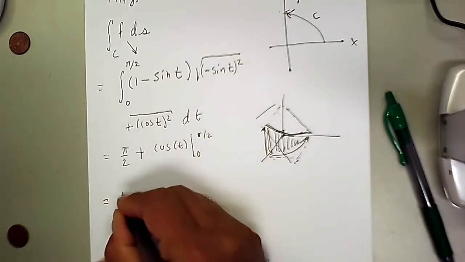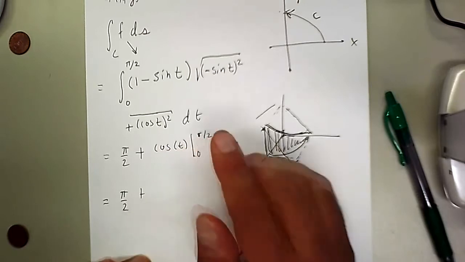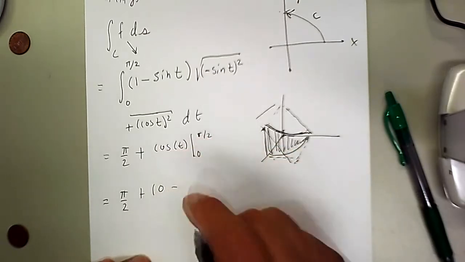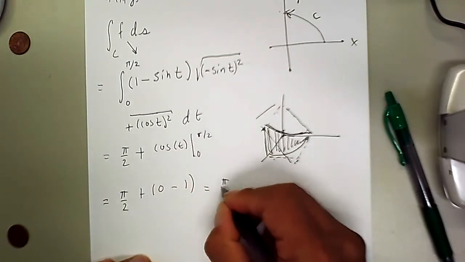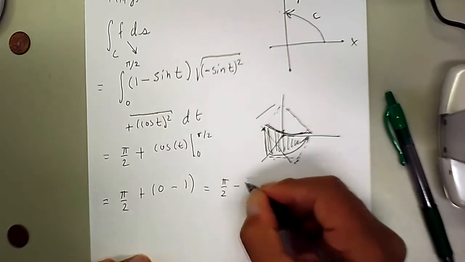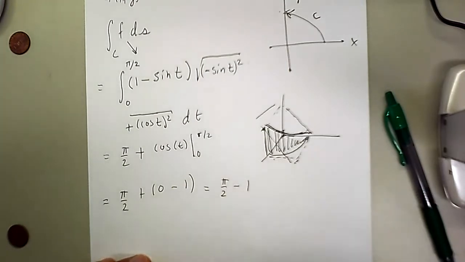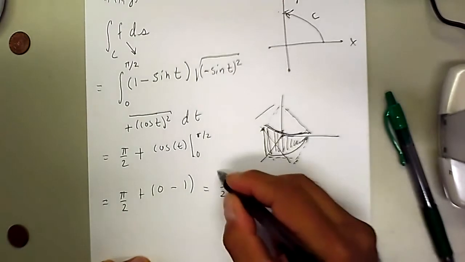And so this is pi over 2 plus cosine of pi over 2, which is 0, minus cosine of 0, which is 1. So we really end up with pi over 2, which is about 1.57 minus 1. So that is about 0.57. Yep. So this is the final answer.